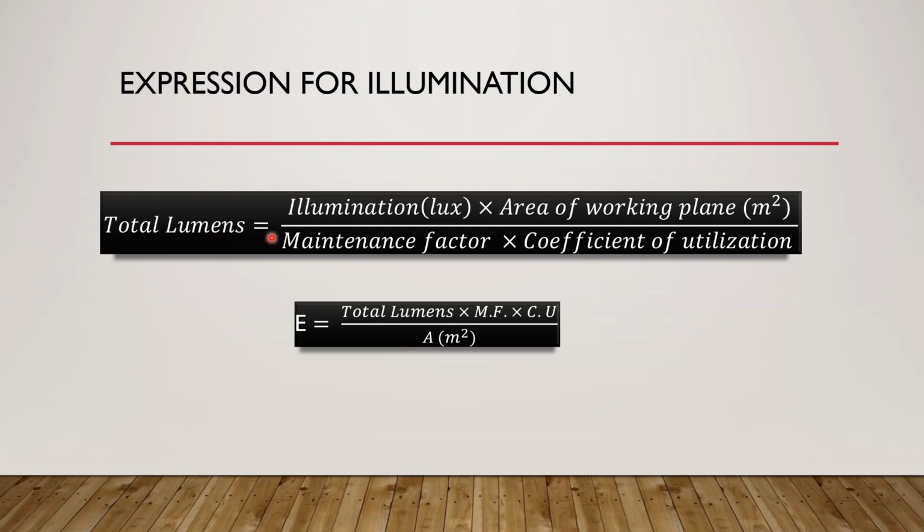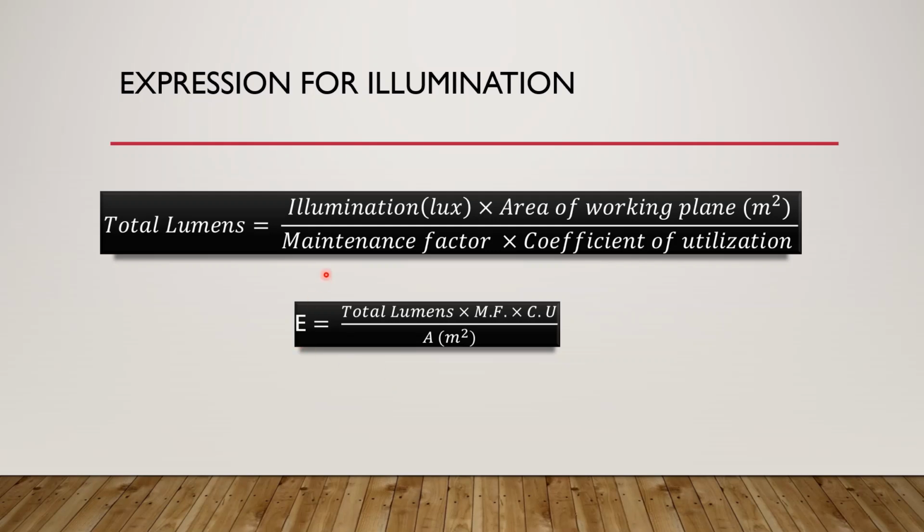So the total lumen here is the illumination, which is also lux or illuminance, multiplied by the area of the working plane, in square meters, divided by the maintenance factor and the coefficient of utilization. You can see how all those factors are put together in the equation.